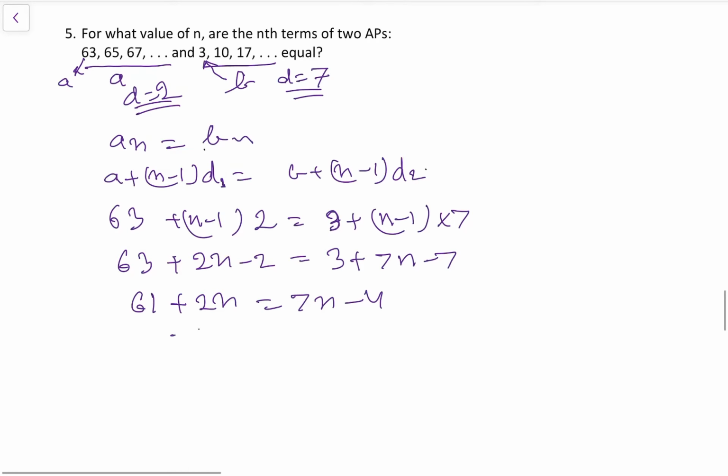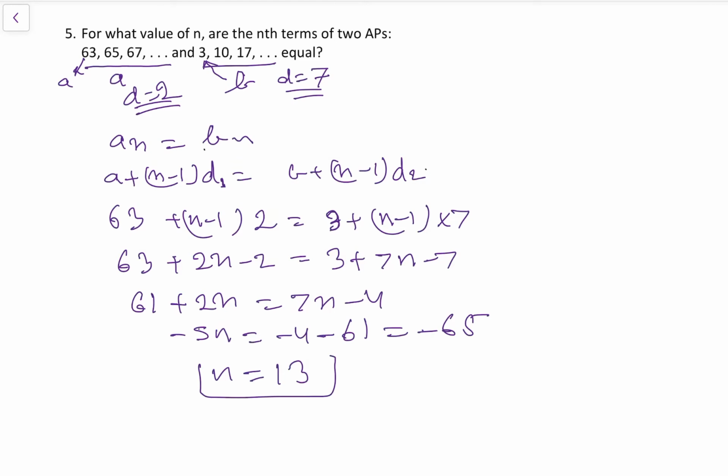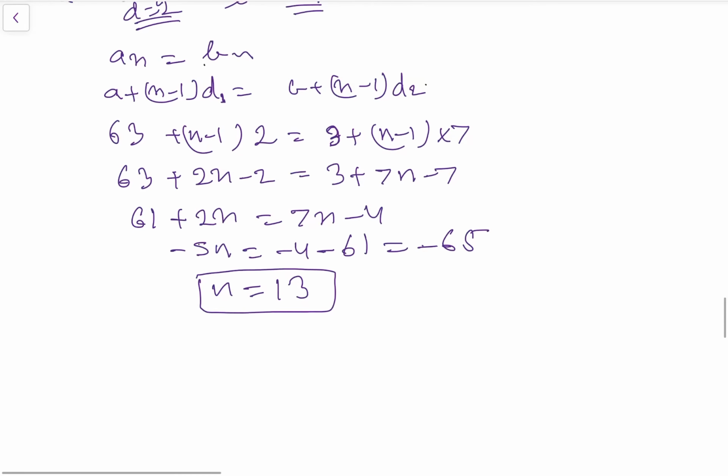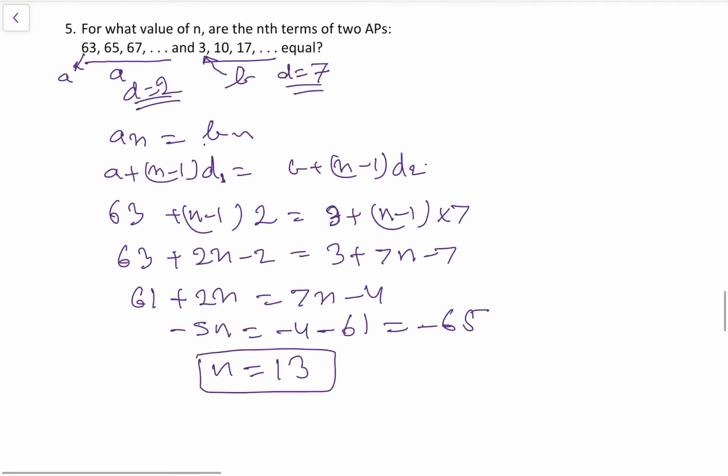If we take 7n here, it will be minus 5n is equal to minus 4 minus 61, which will become minus 65. So n minus was cut, n is 13. So for n equal to 13, both the APs will have the same number. You can find what will be the value of the 13th term in both the series.